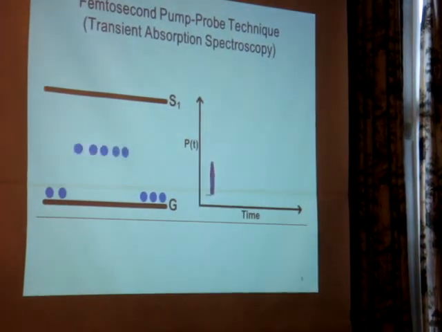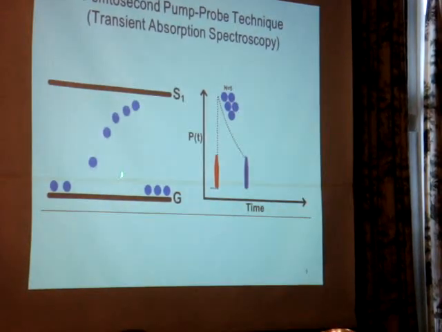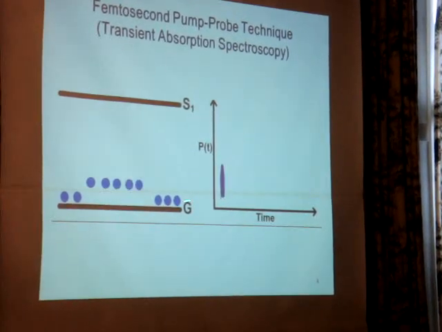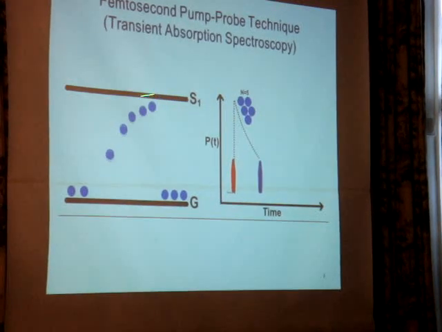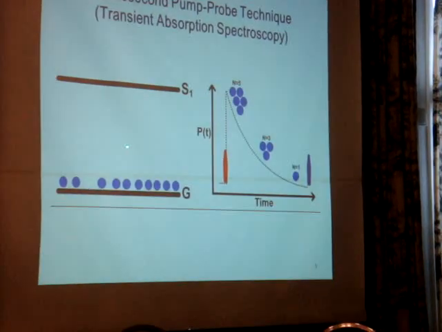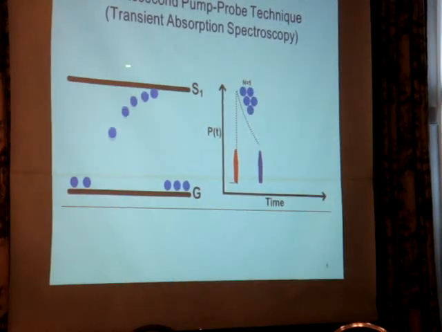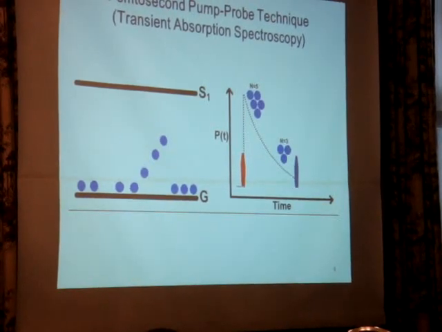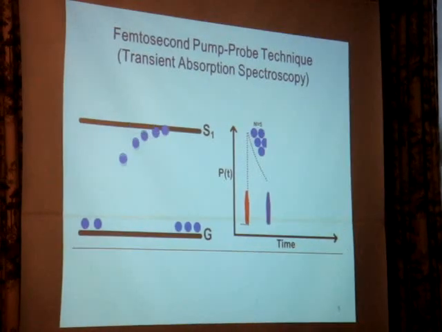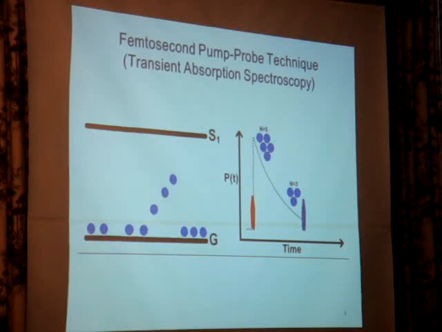First, I use the pump beam to create some excited charge carriers in the S1 state. Before the charge carriers relax, I shoot a second beam, which is a probe beam, to take the absorbance.